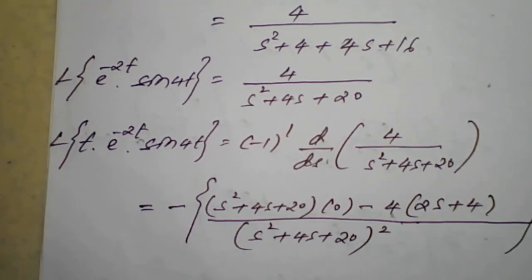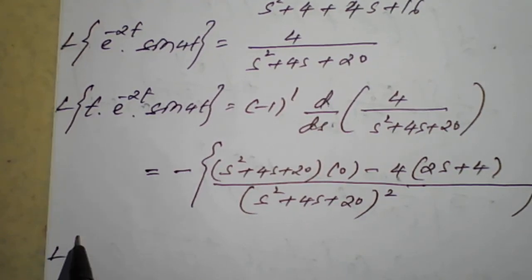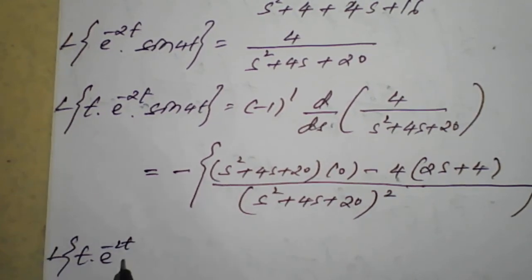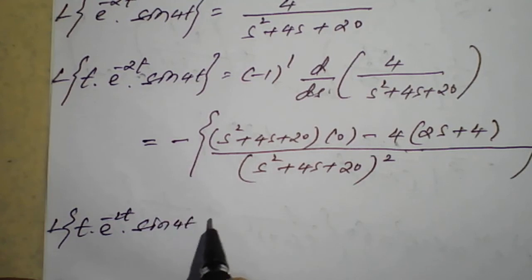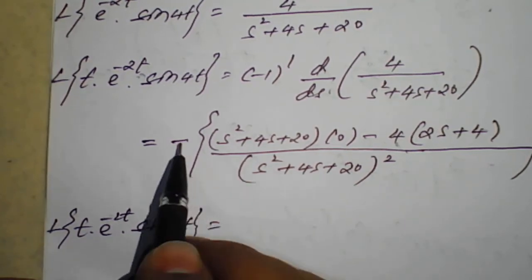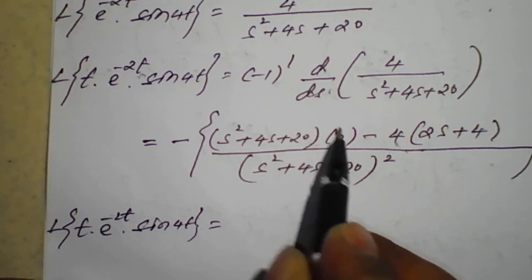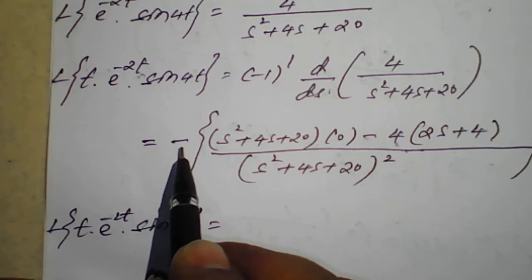So finally the Laplace transform of t into e raised to minus 2t into sine of 4t will be: s square plus 4s plus 20 into 0 is 0. So 0 minus this, minus times this minus, and this minus will become plus.